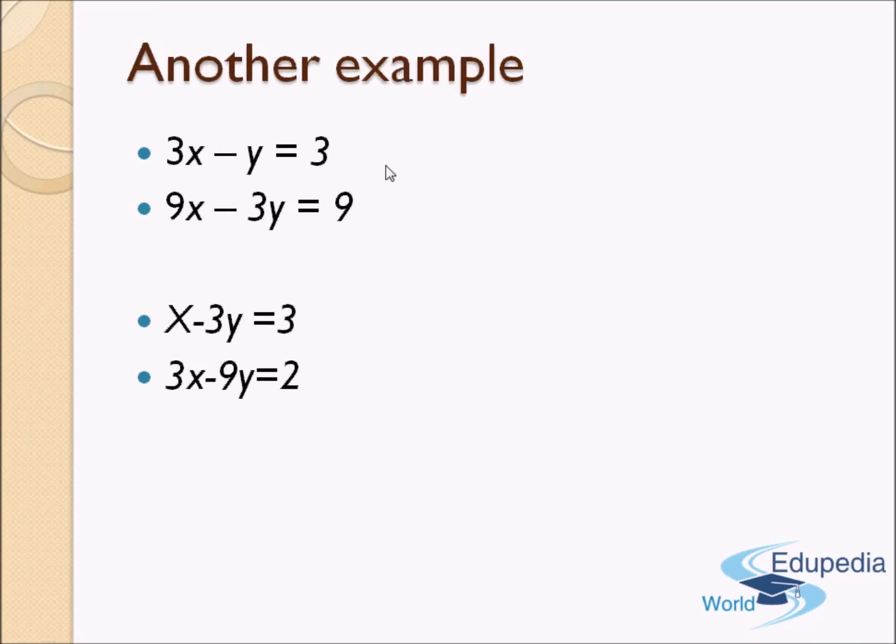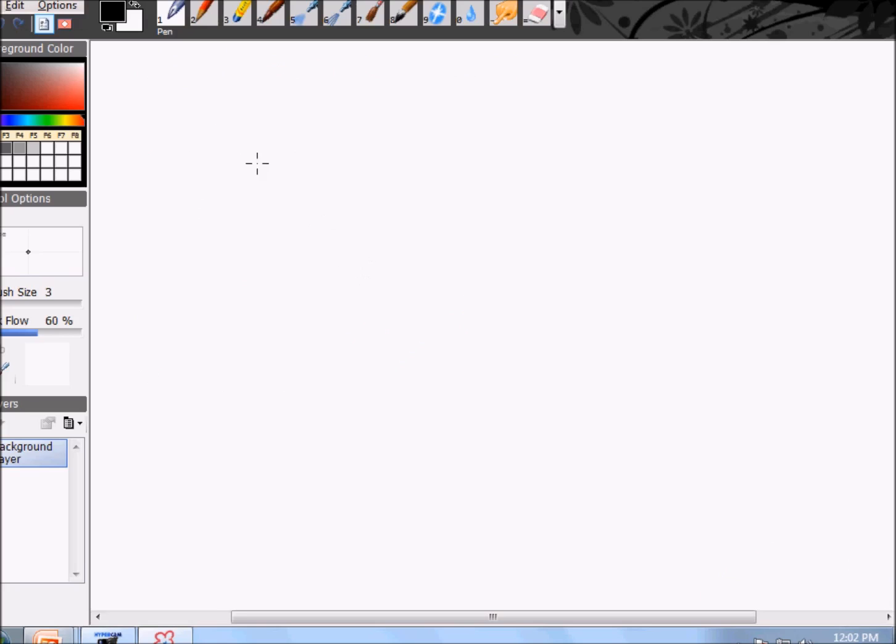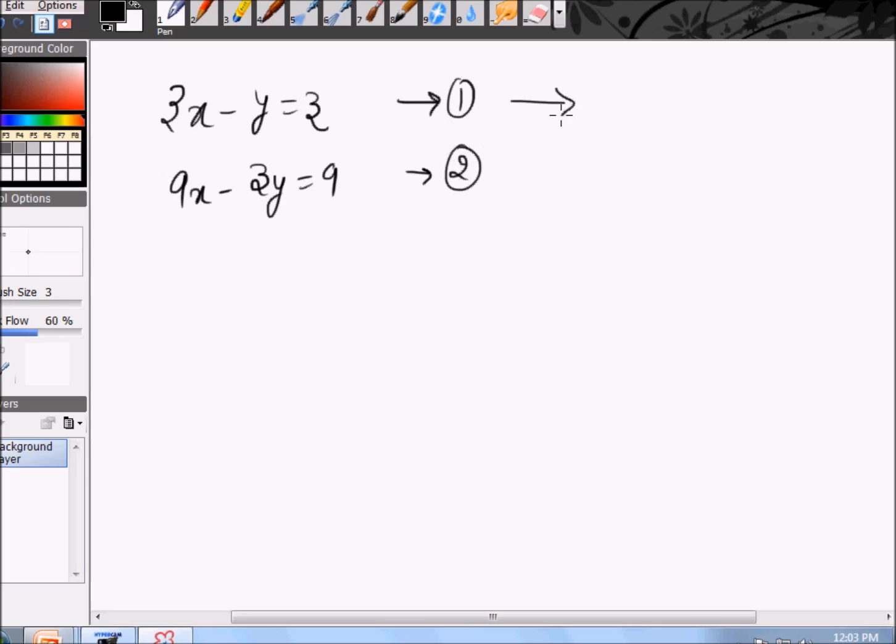We have two more examples to study substitution method more clearly. The first example is 3x minus y equal to 3 and 9x minus 3y equal to 9. The first step said find the value of one variable in the form of the other.